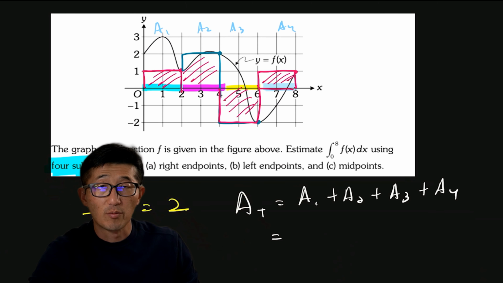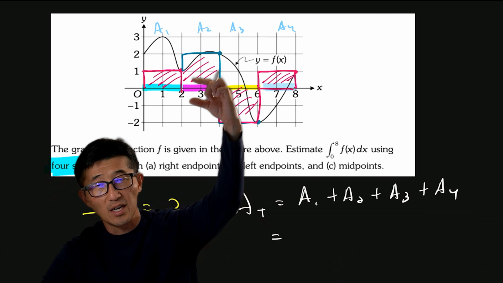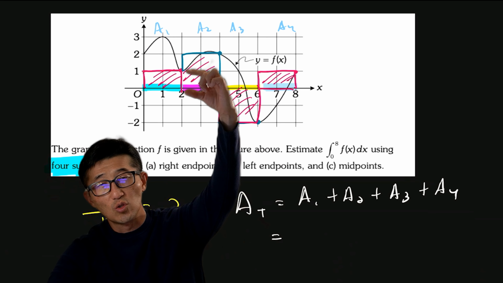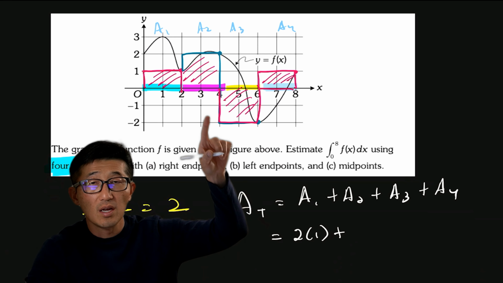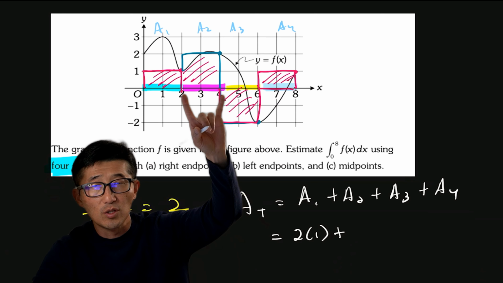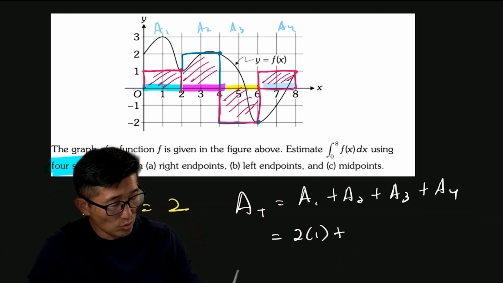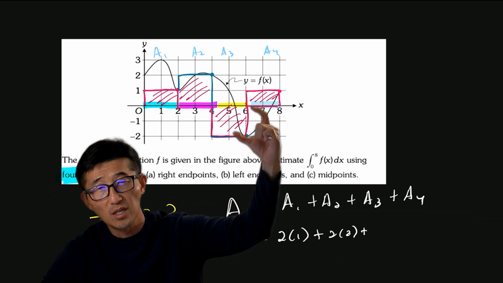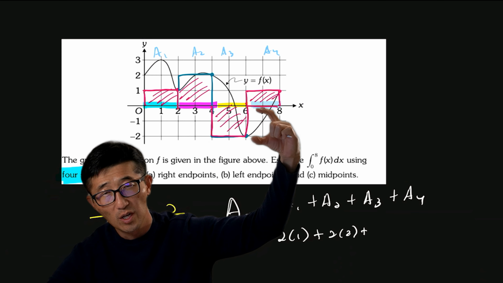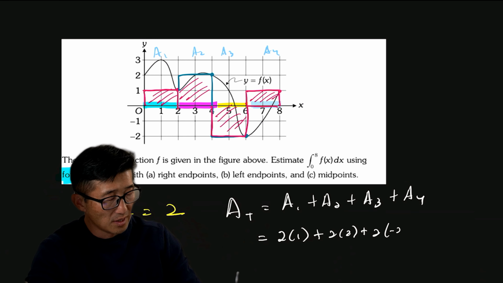Area 1, how do we get that? Well, it's just the base, which is 2, times the height at x equals 2, which is 1. So this is going to be 2 times 1. Here, it's going to be 2 times this height, which is 2. So 2 times 2. And then this one, again, the width is 2, but the height right here is -2. So this is going to be 2 times -2.